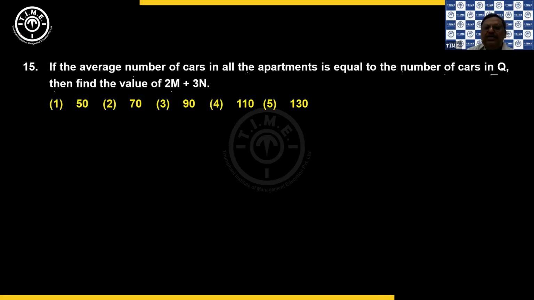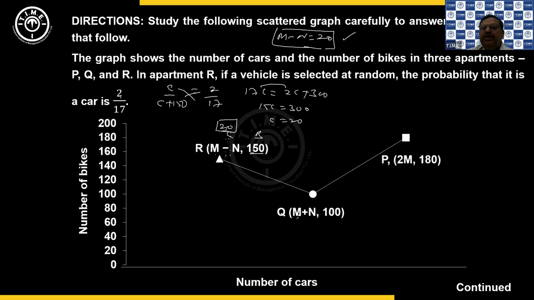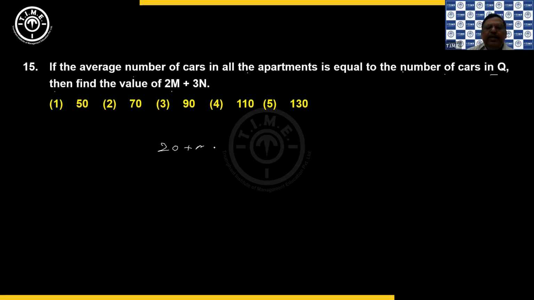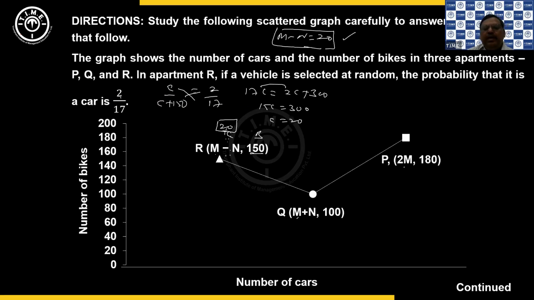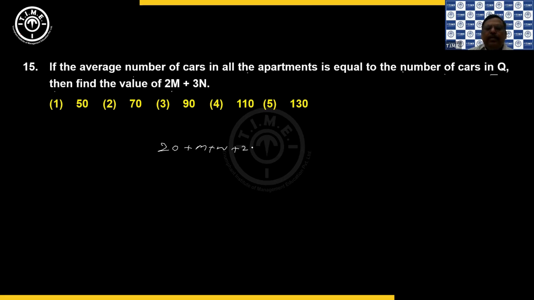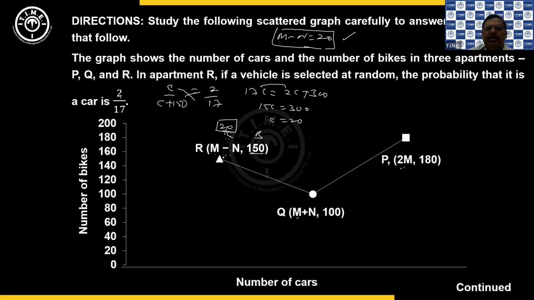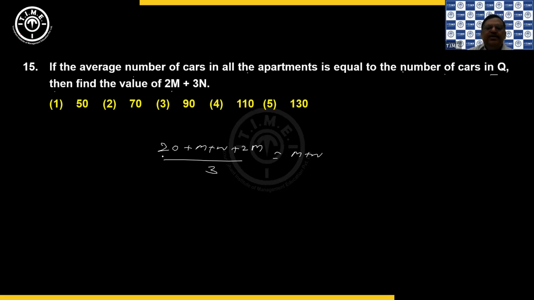Let's see. Average number of cars in all apartments means I have 20 cars here, M plus N cars here, and 2M cars here. So (20 + M + N + 2M) by 3 is equal to M plus N. So 20 plus 3M plus N is equal to 3M plus 3N. 3M gets cancelled, N comes to this side, 2N is equal to 20, N is equal to 10 only in this question.